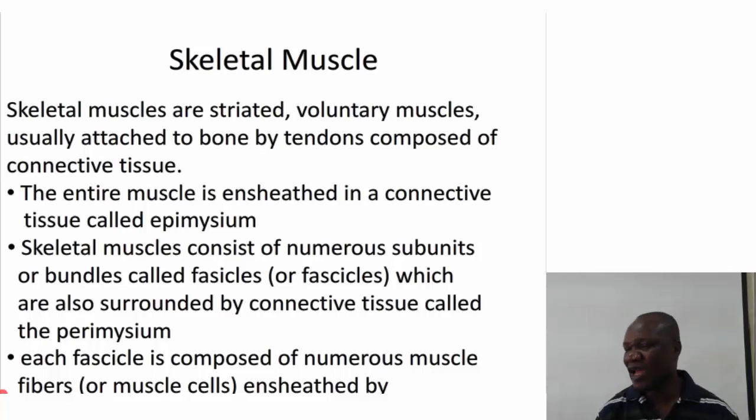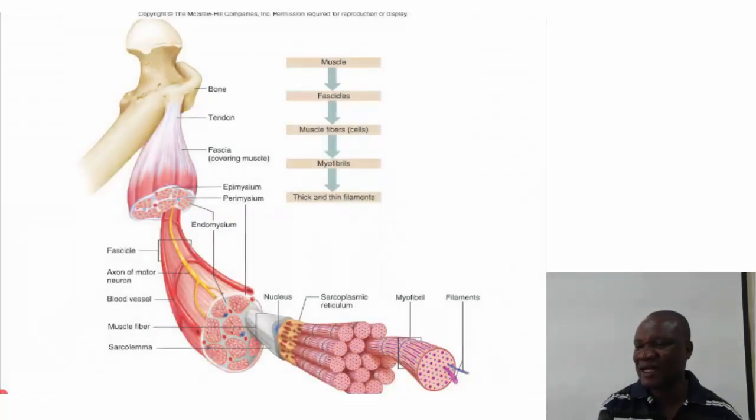Now, if we take a whole muscle, it is covered by a connective tissue called epimysium. So this is our whole muscle, surrounded by a connective tissue called epimysium.